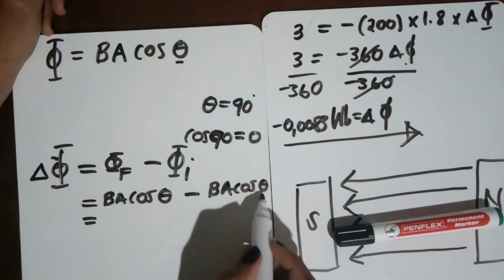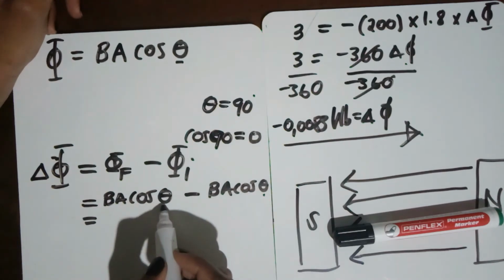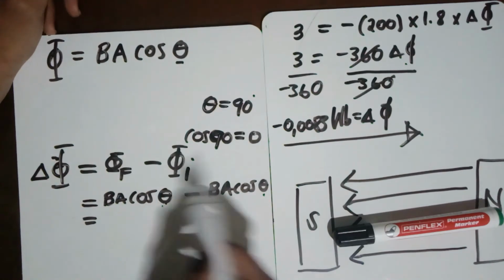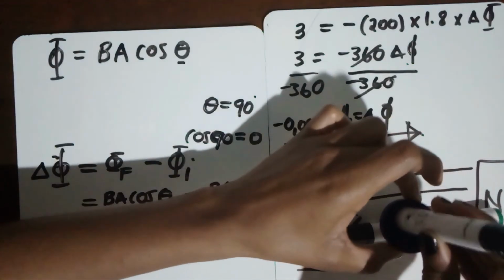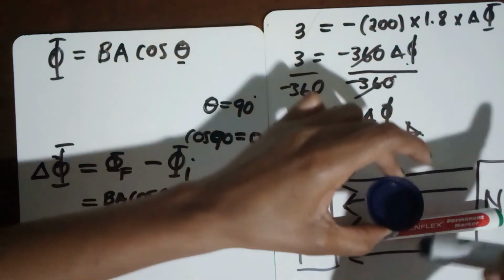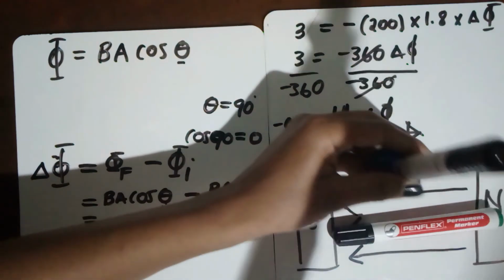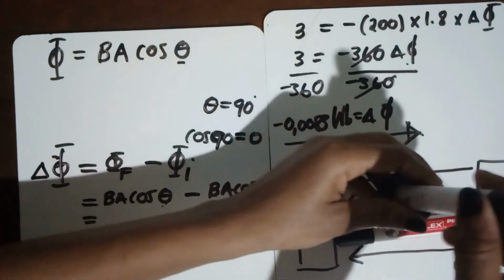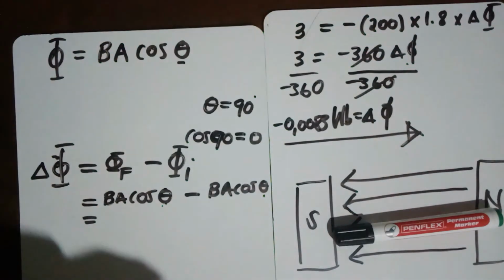Initially, your coil is at an angle theta that we don't know, but at the final position the normal to the coil makes a 90-degree angle with the magnetic field lines. Remember, theta is that angle between the normal to your coil and the magnetic field lines.